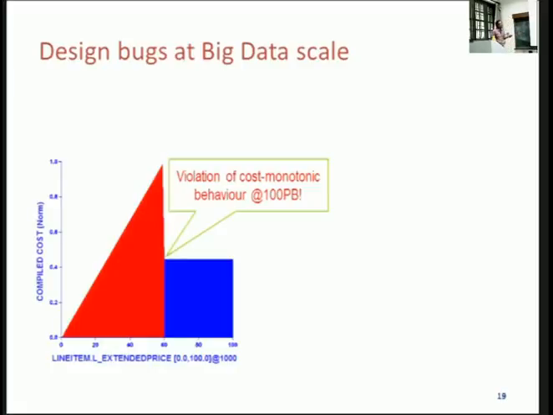Here, this represents the time taken for each query as the number of tuples increases. Consider a scenario where we have a salary predicate. If more tuples pass through the salary predicate, the more time it will take, naturally.